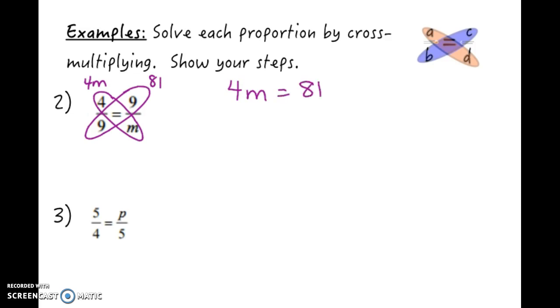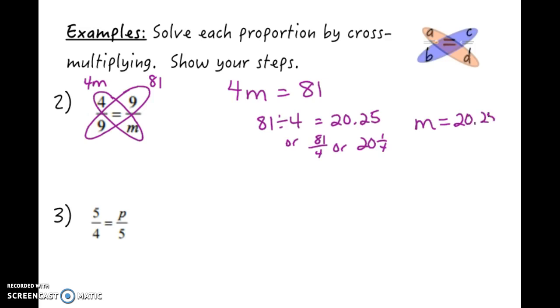Again, to get m alone, it's being multiplied by 4, so divide by 4. You're going to do 81 divided by 4. You may use a calculator and get 20.25, or maybe you're just going to leave it as 81/4 or 20 1/4. But anyway, you should have m equals 20.25 for this case.